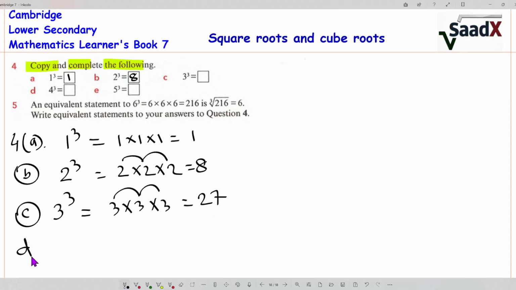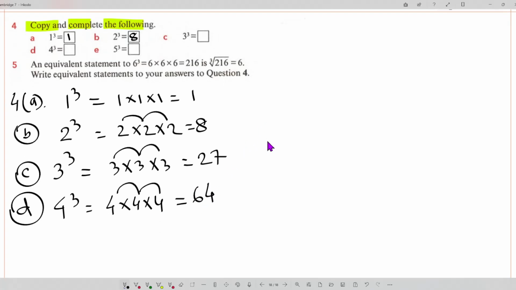27. Number D, 4 cubed. 4 times 4 times 4. 4 times 4 is 16. 16 times 4 is 64. Okay. So here is 27 and here is 64. Number E, 5 cubed. 5 times 5 times 5.